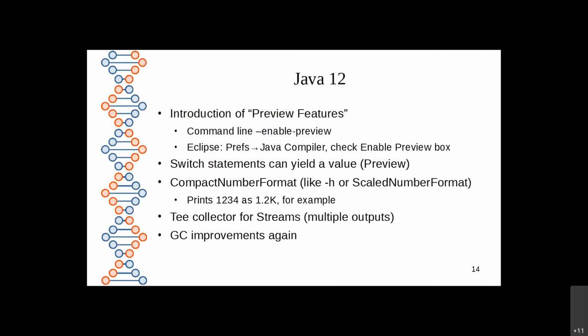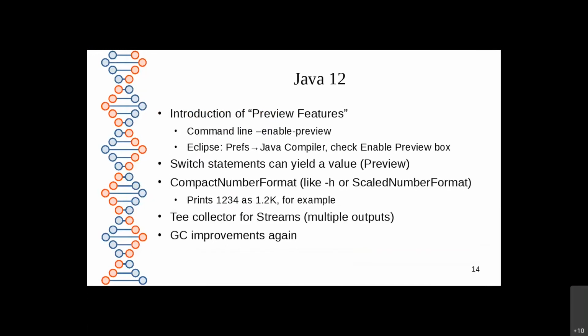Java 12 introduced a new notion of what are called preview features. And the idea here is that sometimes, in the past, when they had added new features into the language, they would get a certain amount of pushback from developers, because they didn't like the way it was done or it didn't work for them or whatever.